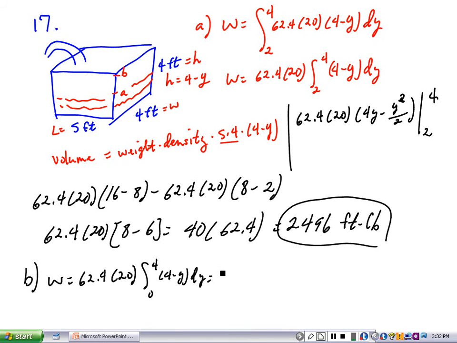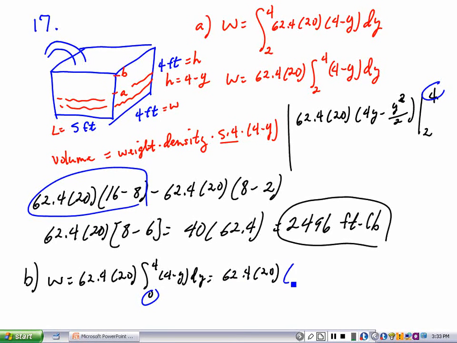Well, all we do is we got the results, so this is 62.4 from part A, that is, times 20, and we just take the first part, because that was evaluated at 4, evaluated at 0, and we get 0. So this is 62.4 times 20 times the 16 minus 8, or times 8, and then you calculate that, and you get 9,984 foot-pounds.